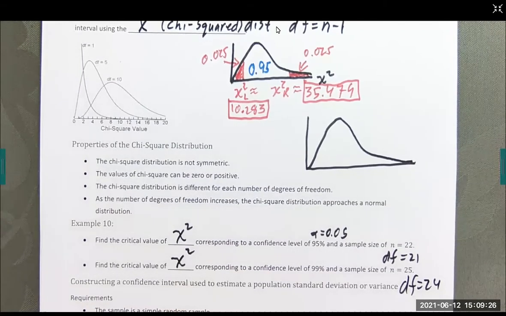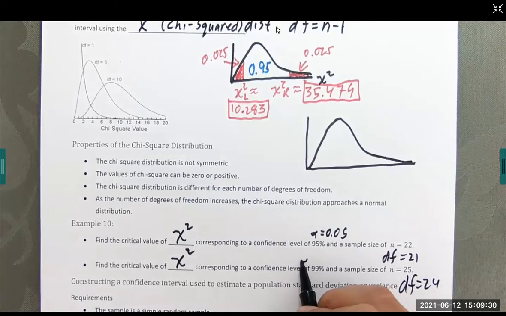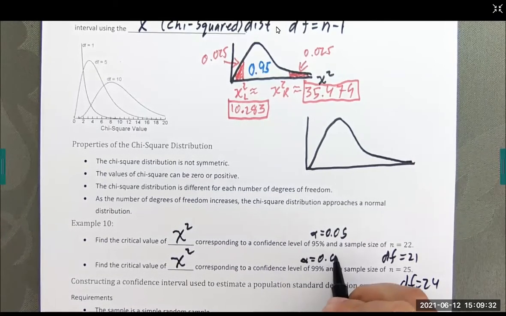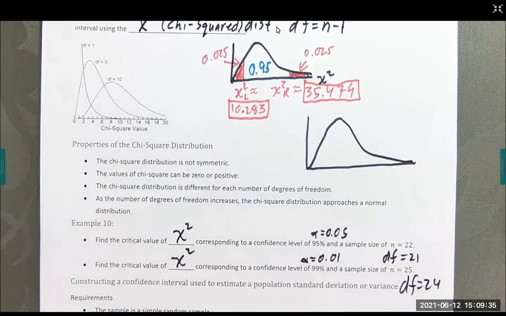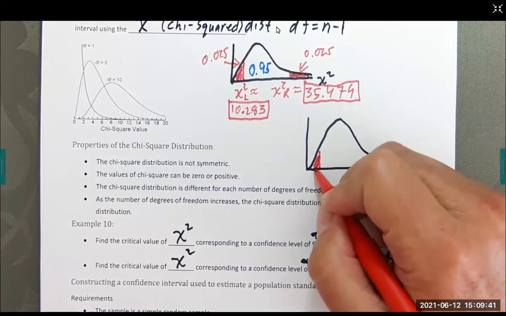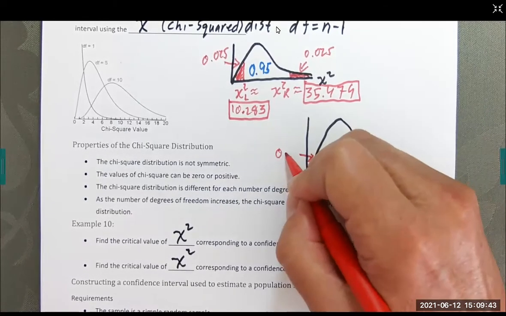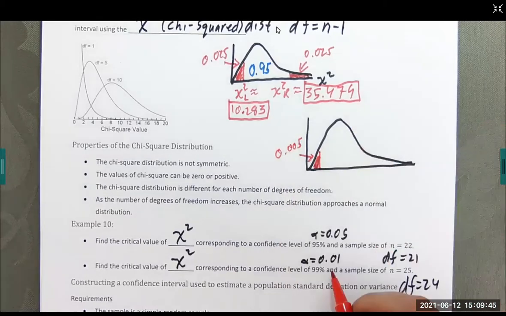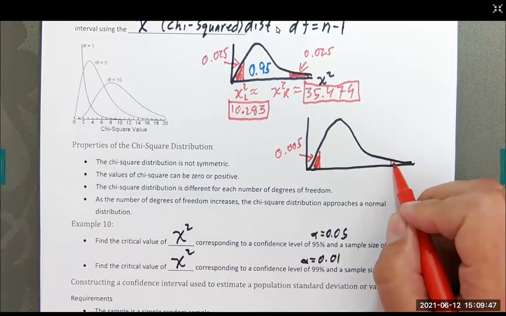And to 99%, that means alpha is 0.99. I'm sorry, is 0.01. So once again, we're going to split that. So half of 0.01 is 0.005. Have this here.